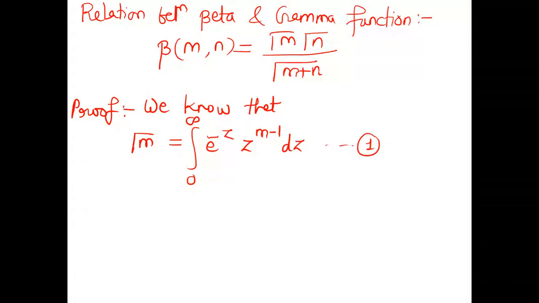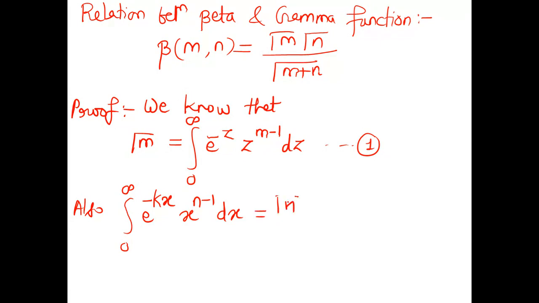Now we have seen one more property of the gamma function which is used many times for solving integrals. What is that property? The integral from 0 to infinity of e power minus kx into x raised to power n minus 1 is nothing but equal to gamma of n upon k raised to n.